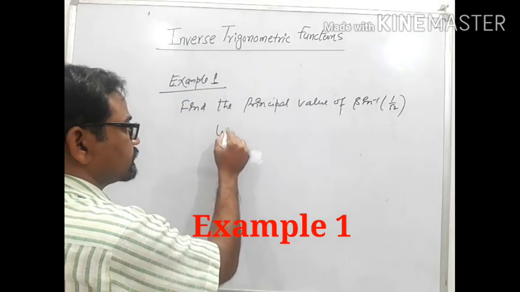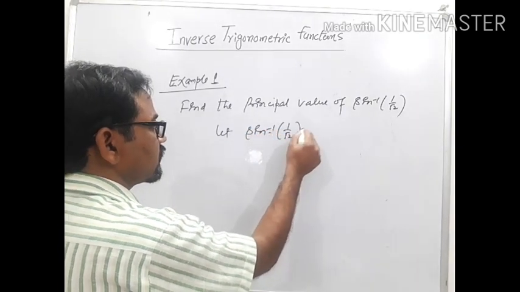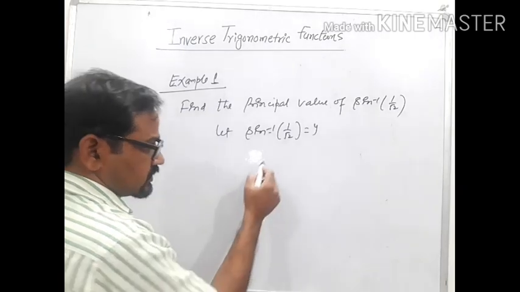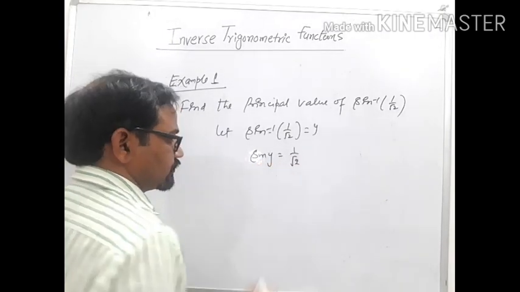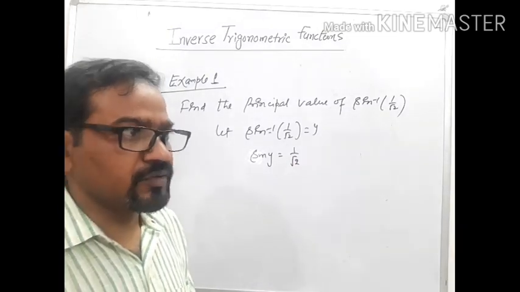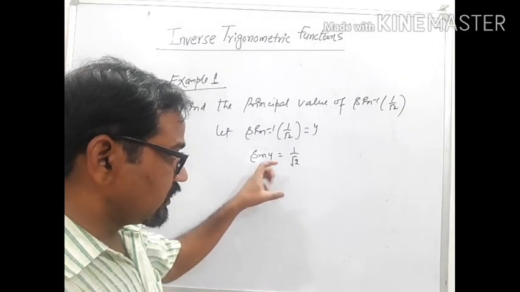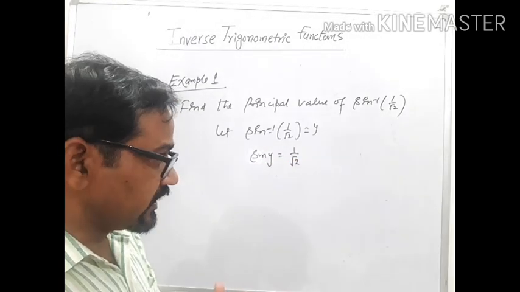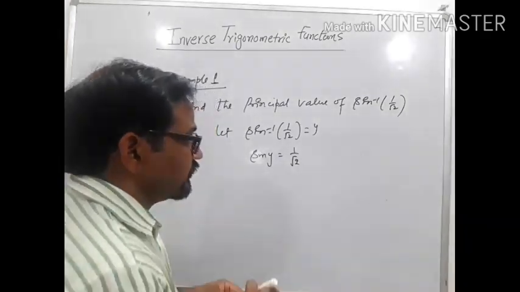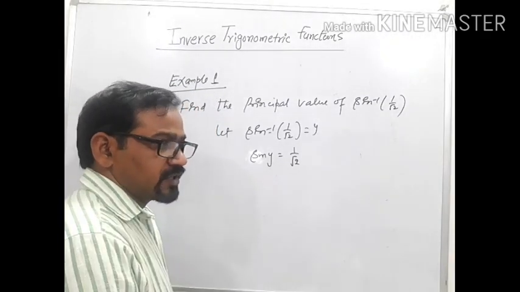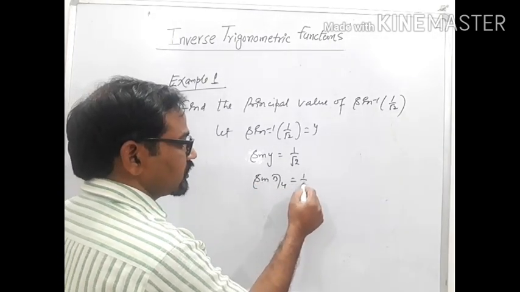Let sine inverse 1 by root 2 equal y. Then sine y equals 1 by root 2. It means we have to check the value of sine in the range or codomain -pi by 2 to pi by 2 which is 1 by root 2.